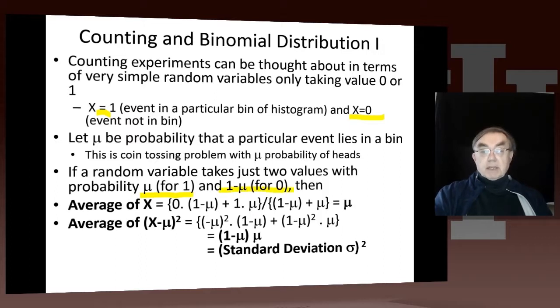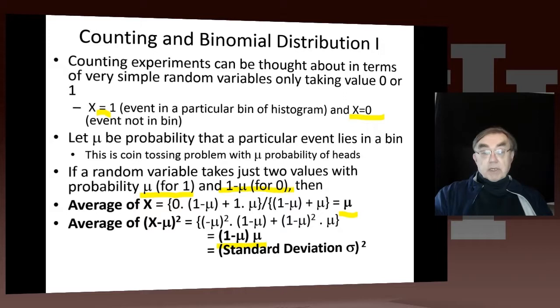And we can easily calculate that the average value of x is mu, and the standard deviation is the square root of the average value of x minus mu, squared. The standard deviation squared is trivially calculated to be 1 minus mu, times mu. For mu small, which has been the counting case we've been doing, 1 minus mu is 1.